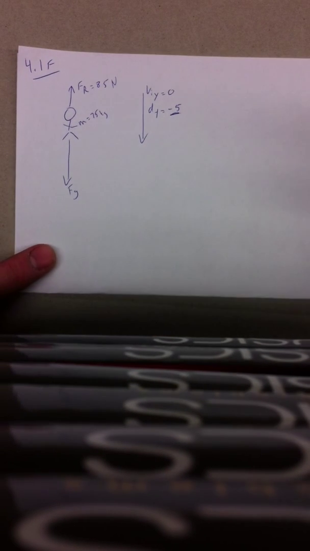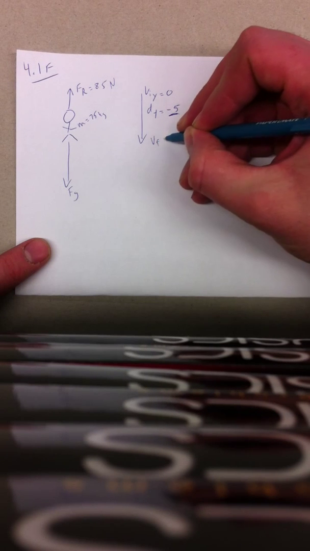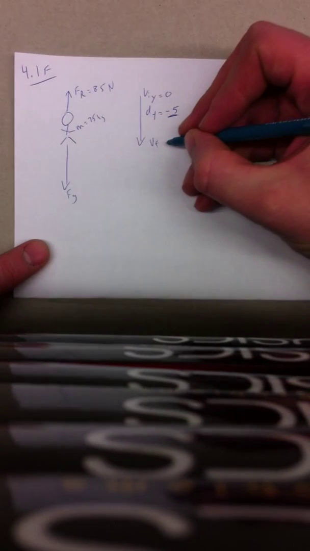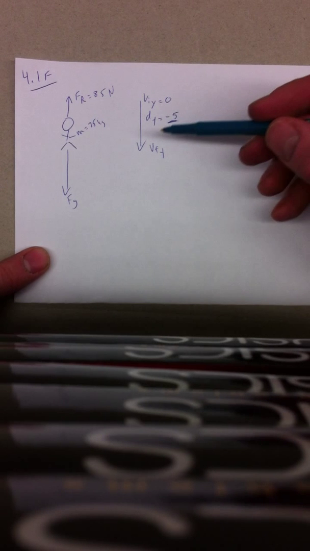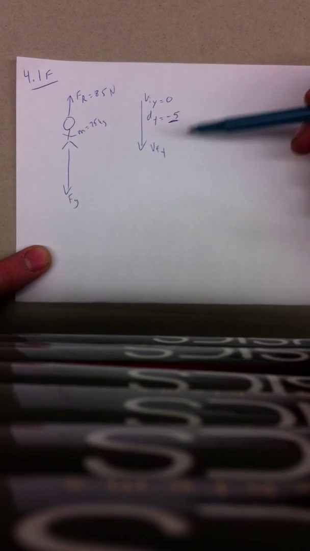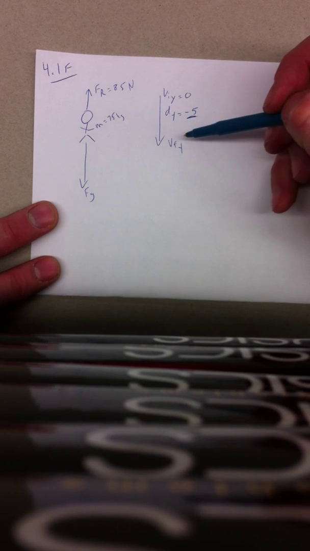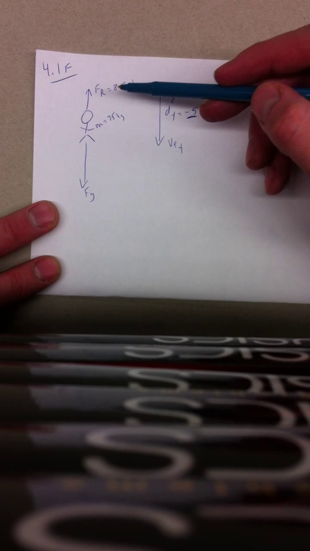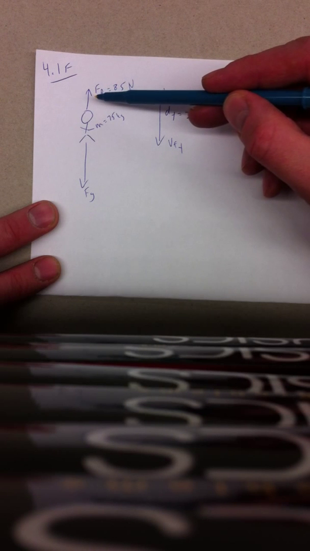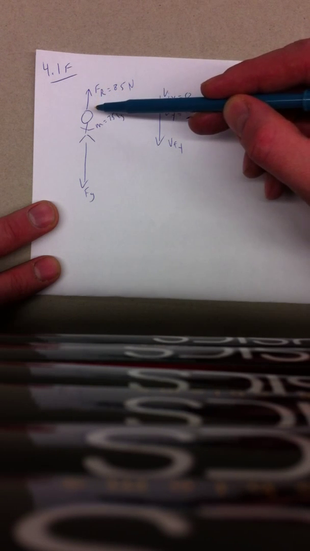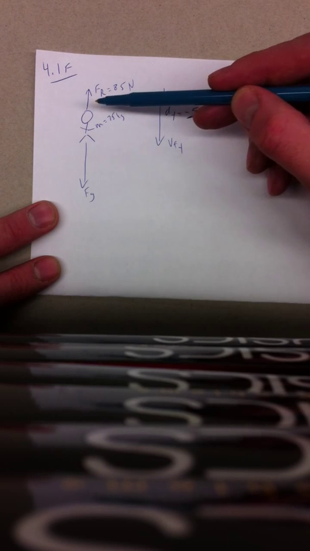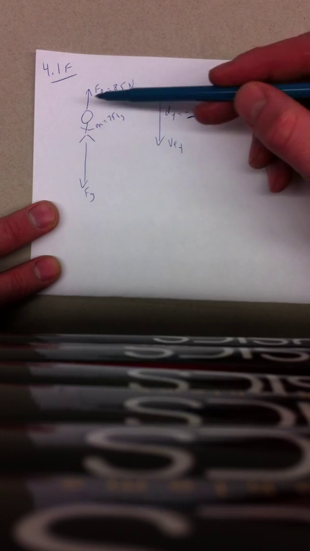We need to determine the speed just before he lands, so we need to figure out what VFY is equal to. Now, we're missing acceleration, so we do the force diagrams. We've got the motion diagram here, and now I'm going to do the force equations because I need a net acceleration. We can't use AY equal to negative 10 because this force of resistance is going to reduce the net acceleration.